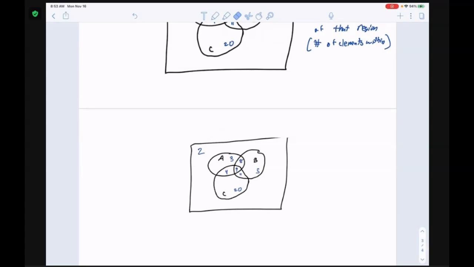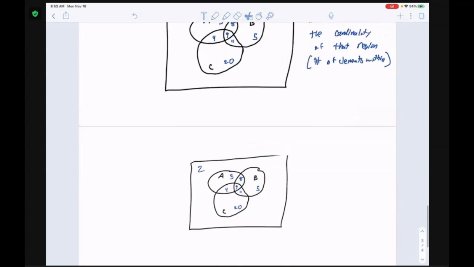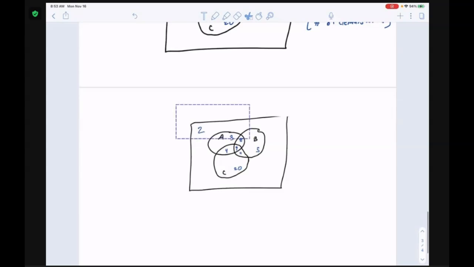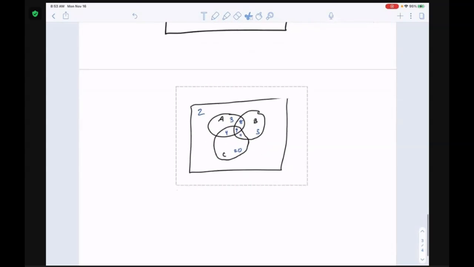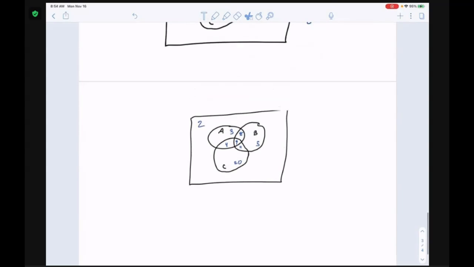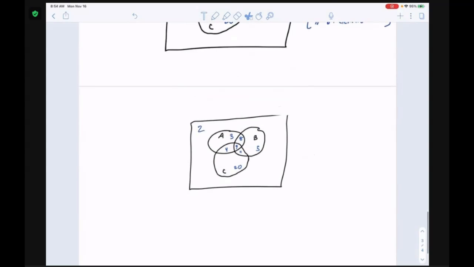For all of the problems that we're doing, we're going to use this one right here. And I'm going to ask you for the cardinality, set relation, the question, and then, of course, the answer.